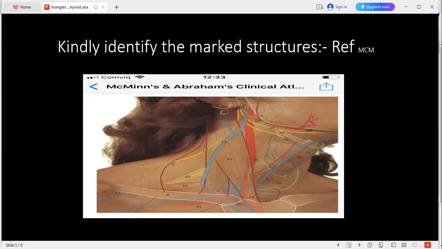The internal carotid artery supplies the brain inside. Regarding clinical significance, if there is a thrombus or clot, it may result in a stroke. Okay, we can come back to that later.